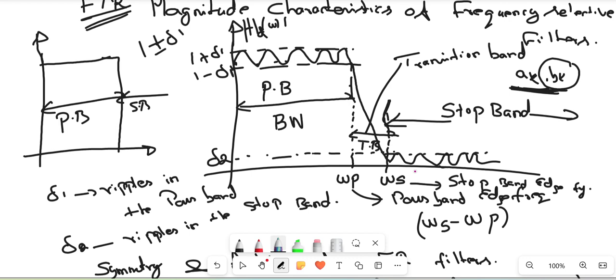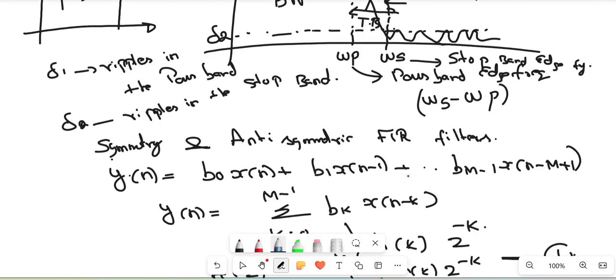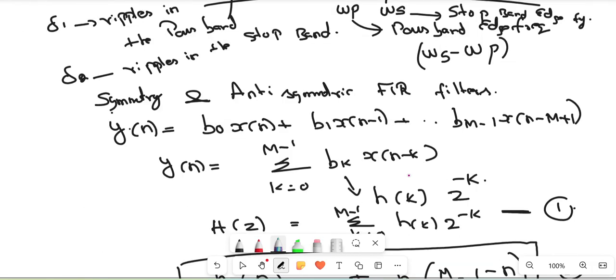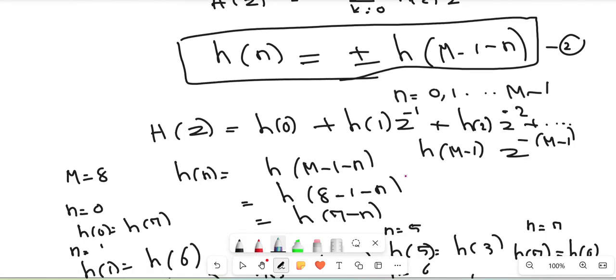So, what are the tolerable ripples in the pass band and stop band? The bandwidth is the pass band frequency, and according to the different parameter specifications we can design the FIR filter. And in this FIR filter, the impulse response h of n can satisfy a symmetric or antisymmetric condition.